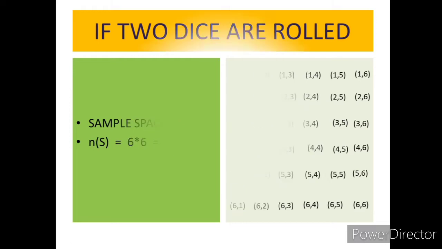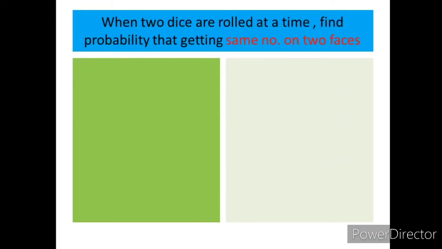Now we will go to solve one problem on these dice. The problem is like this. You see, when two dice are rolled at a time, find the probability of getting the same number on two faces. This is the actual event. You have to get the same number on two faces.